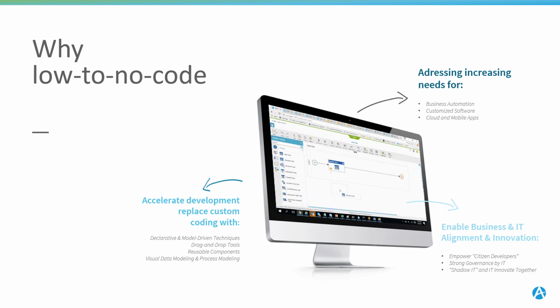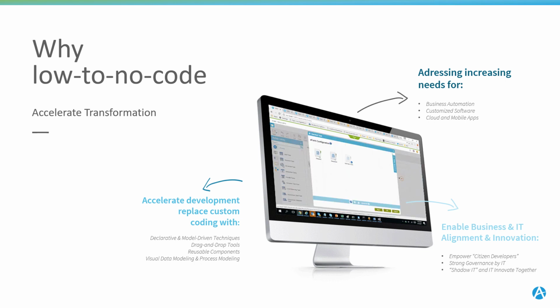Effectively, taking this concept of shadow IT and bringing it into the light, enabling business and IT to innovate side by side. All of this driving towards the singular goal of accelerating your transition to becoming a digital business.